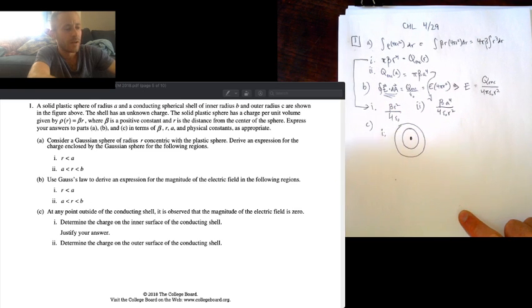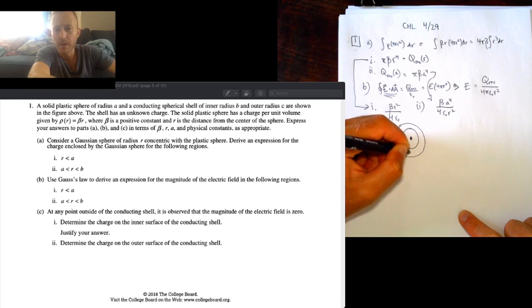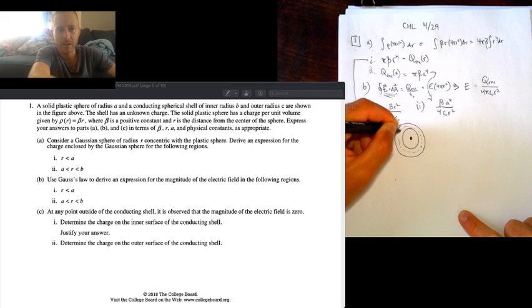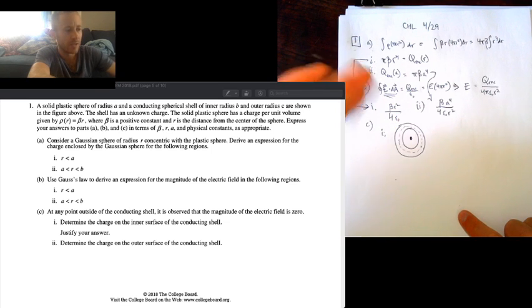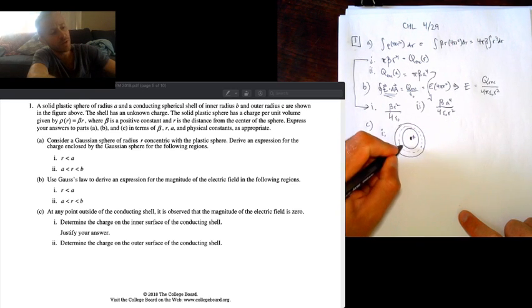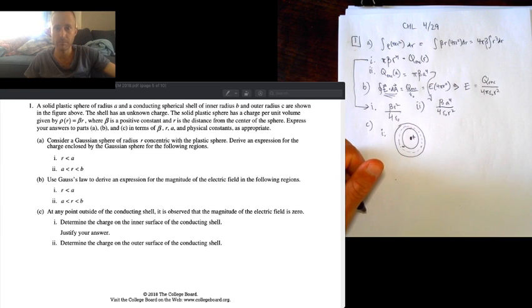If we have a Gaussian sphere that is in the conducting shell, it's going to give an electric field of 0. So the plastic sphere has a positive charge, and so the inner surface of the conducting shell has to have the same charge but negative.